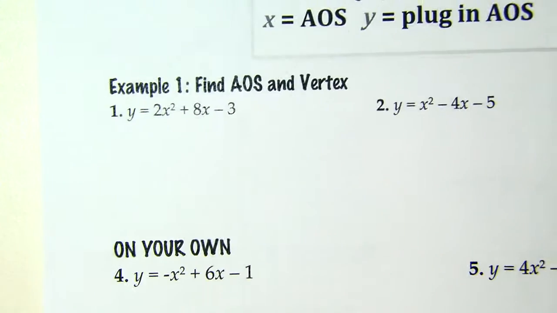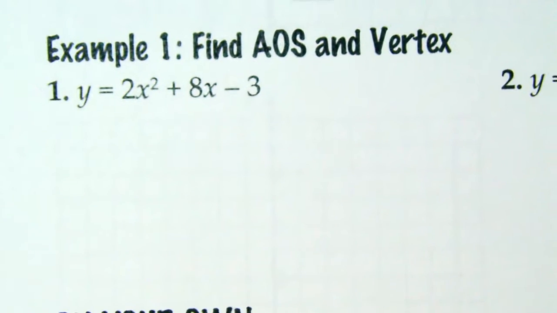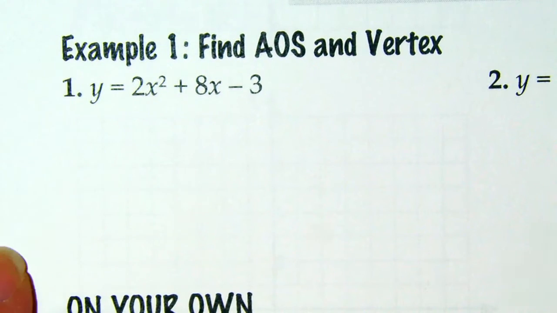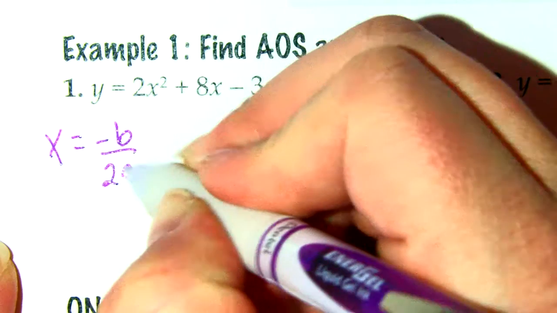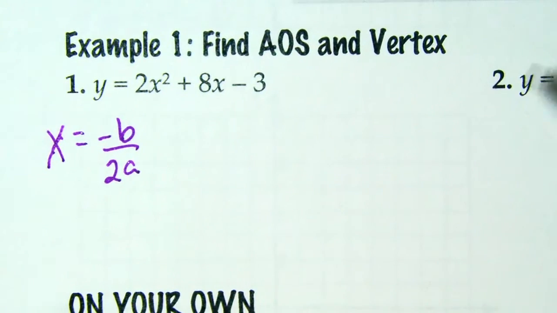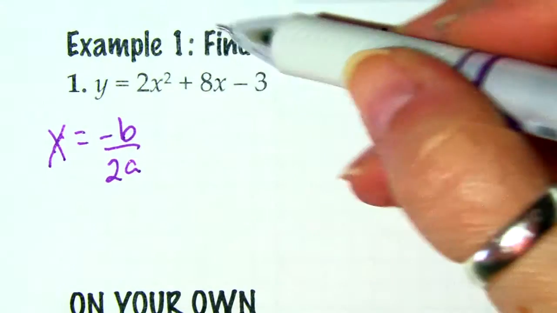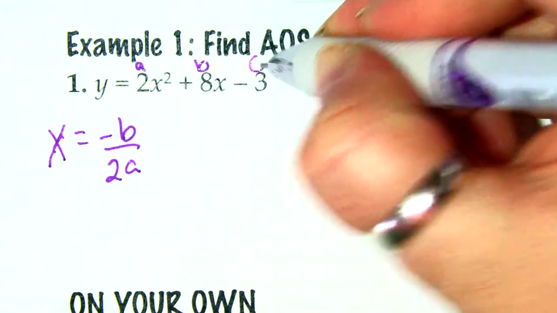So first problem, we're going to find the axis of symmetry and the vertex. So the axis of symmetry is this formula. This is something you need to memorize: negative b over 2a. So negative b, here let me label these. The 2 is a, the 8 is b, and the negative 3 is c.